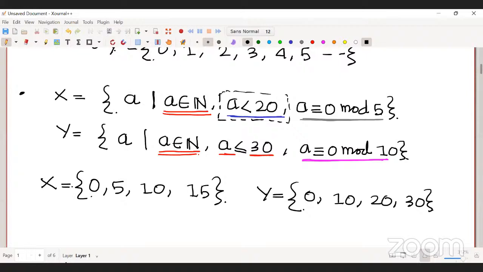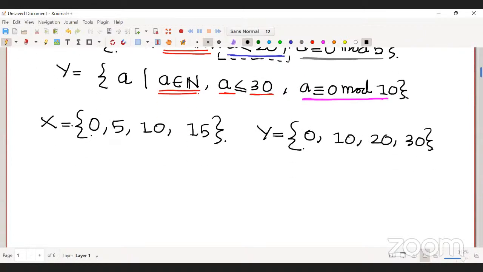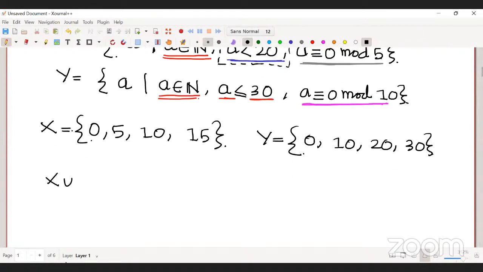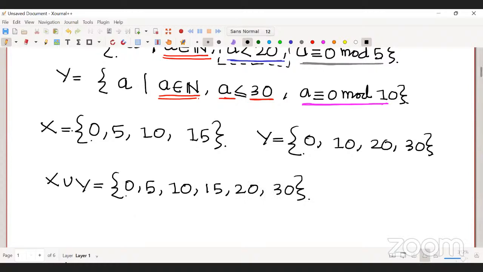Now I know the elements of X as well as the elements of Y, so I can easily compute X union Y. It's nothing but 0, 5, 10, 15, 20, and 30, right?